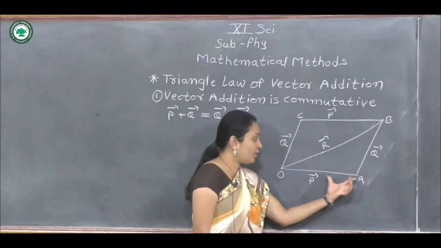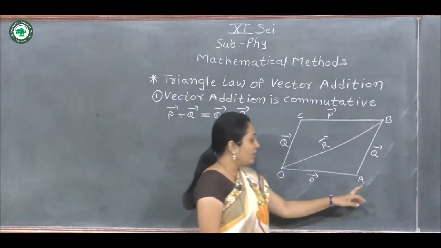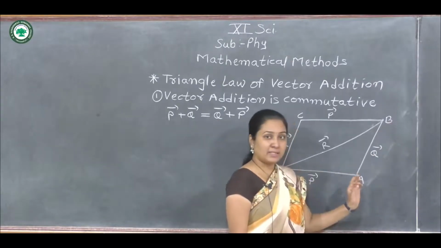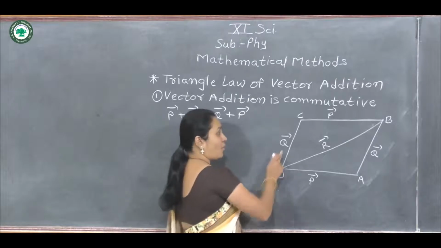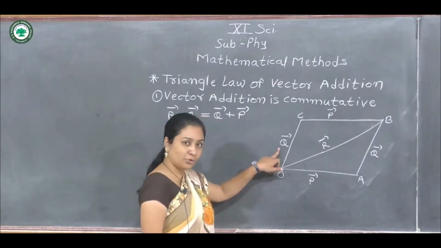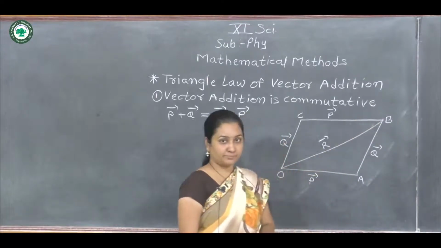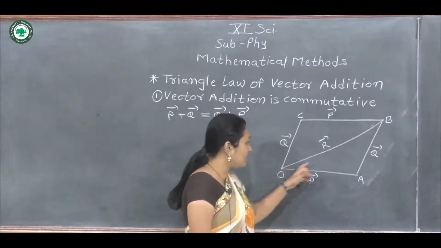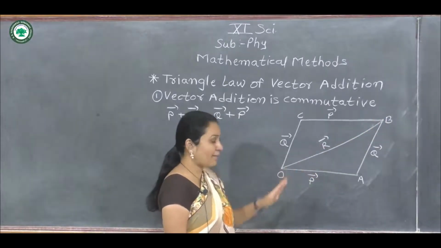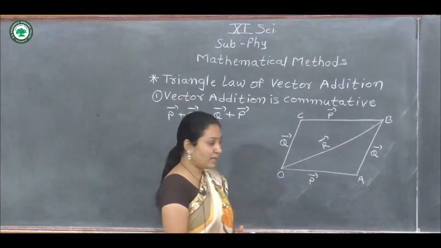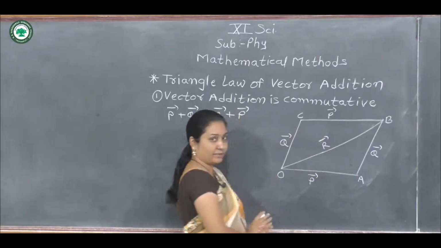The vector OA is P bar, vector AB is Q bar, similarly OC is Q bar and CB is P bar, and the resultant vector is OB, that is R bar. So this is the resultant for the first triangle and the second triangle.